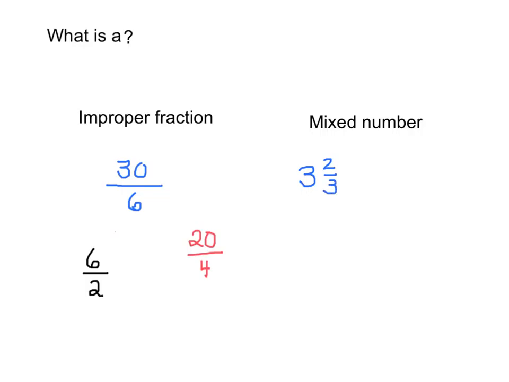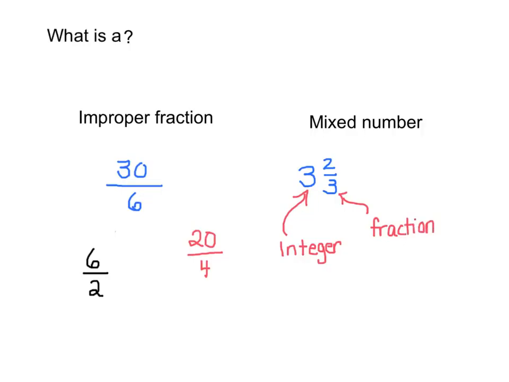The reason it's mixed is because it has both a whole number, or integer part, and I'll call it integer because it can have a sign, a negative sign in front of it. So it has an integer part, and it has a fractional part, and therefore it's considered a mixed number.